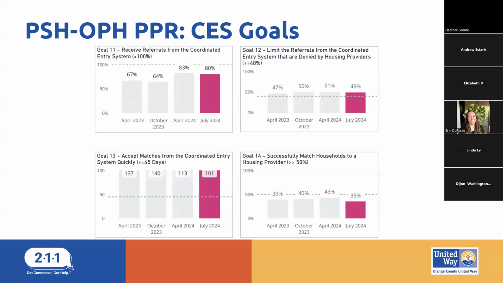For goal 12, 49% of referrals were denied by housing providers. For goal 13, we had an average time between matches and enrollments of 101 days. And for goal 14, we had 35% of referrals being successful matches.